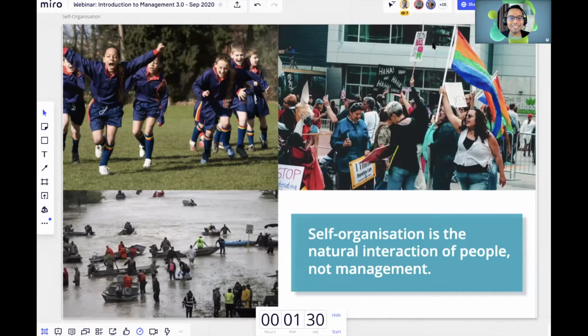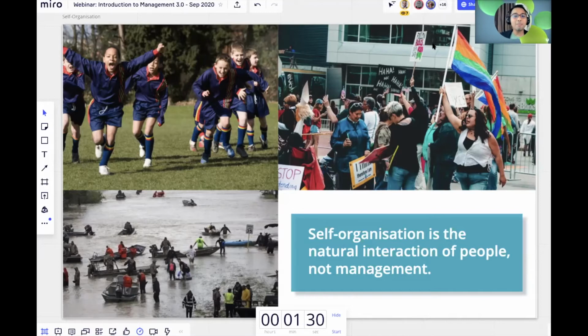When someone has an opportunity to score a goal and they have to ask permission, it just doesn't work. The natural environment in a sports team is actually a self-organizing situation. There are leaders that emerge from the group, and there's always a coach on the outside to help the team grow.